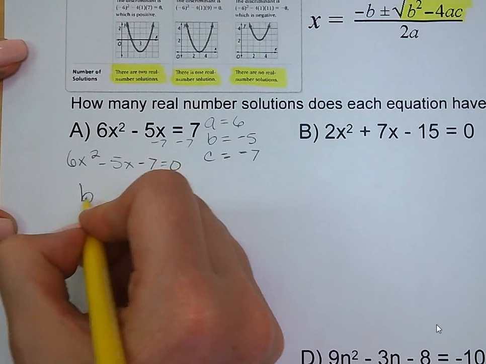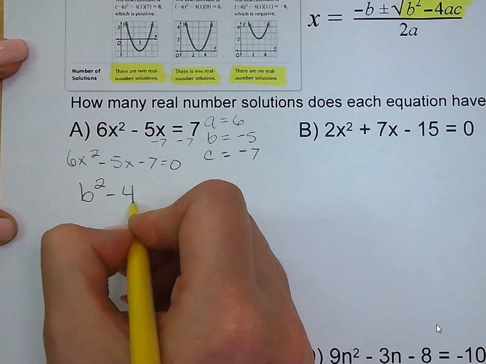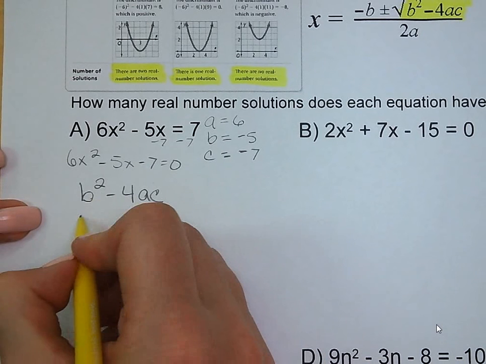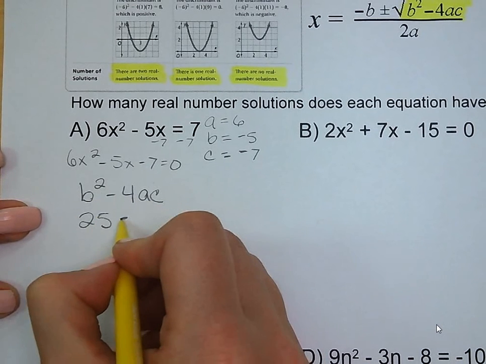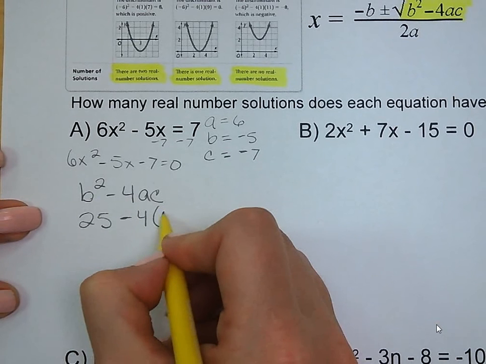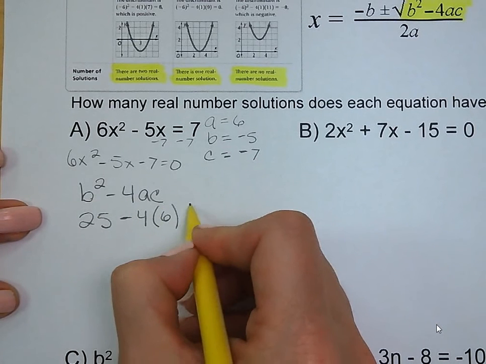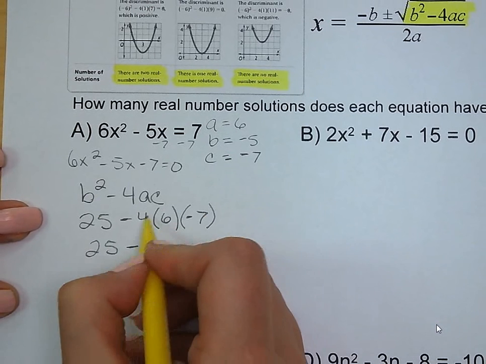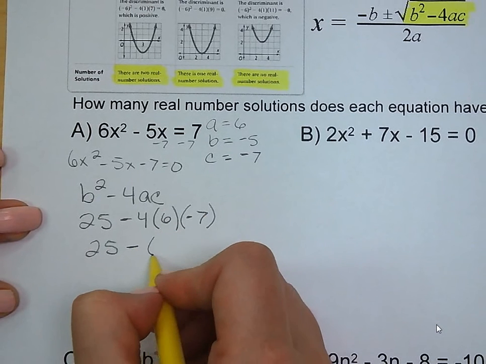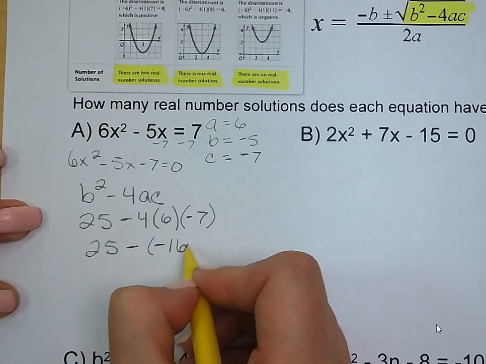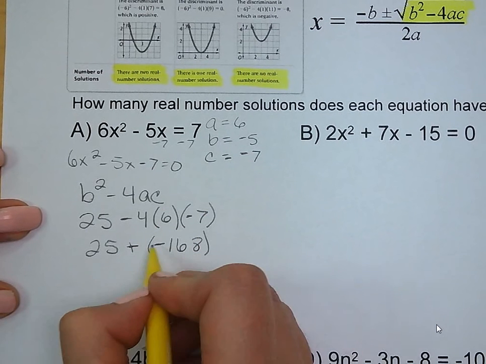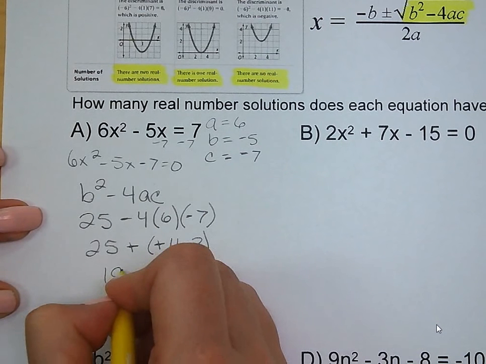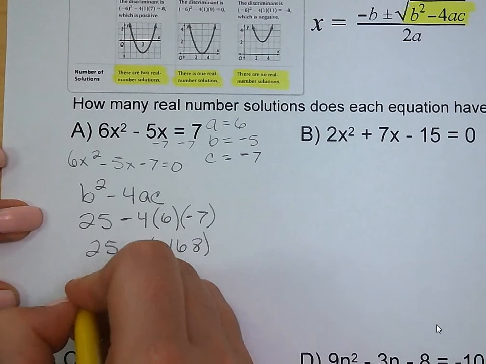So when we plug in our pieces, b squared minus 4ac, b is -5, -5 squared is 25, minus 4 times 6 times -7. So 4 times 6 times -7 is -168. And 25 minus -168 is 193. So we will have 2 solutions for this.